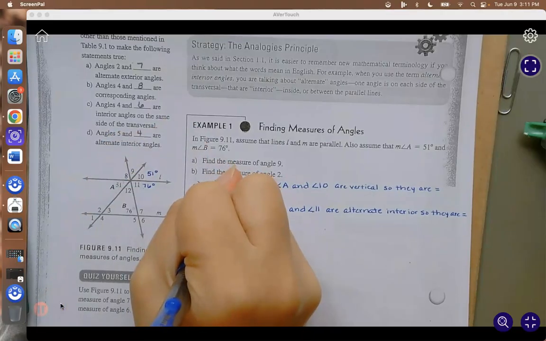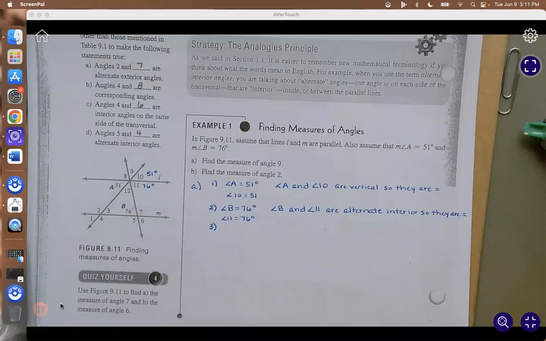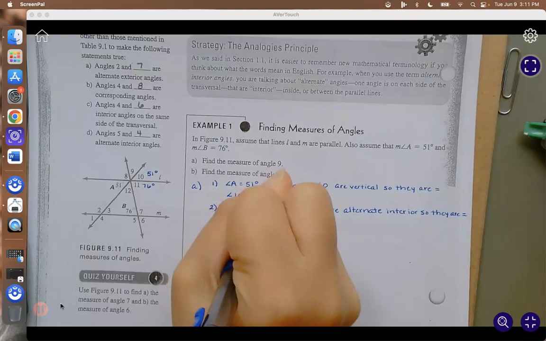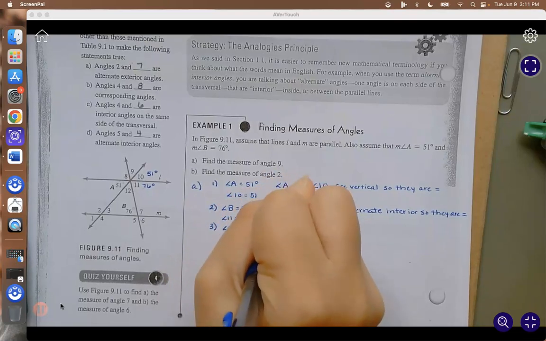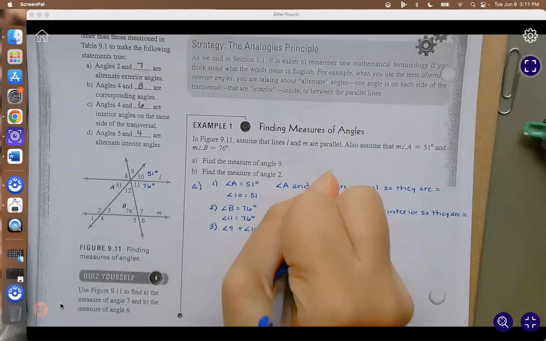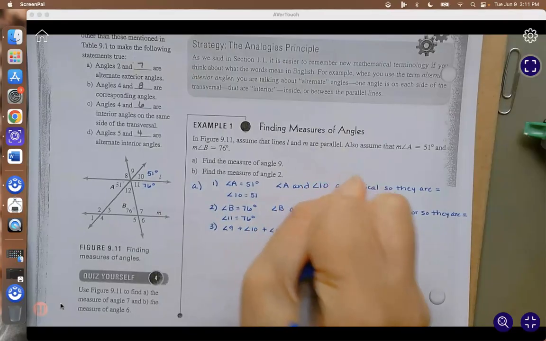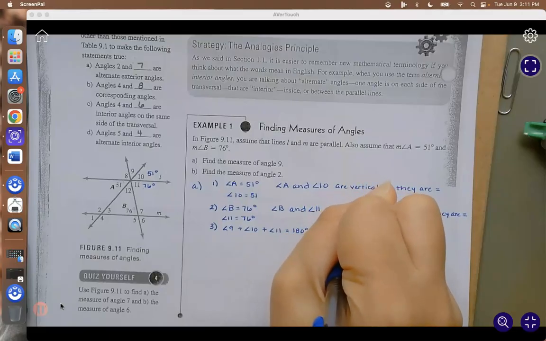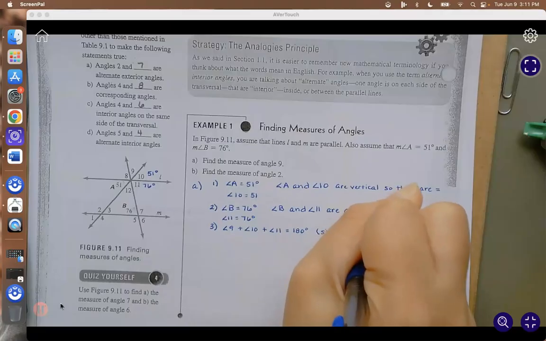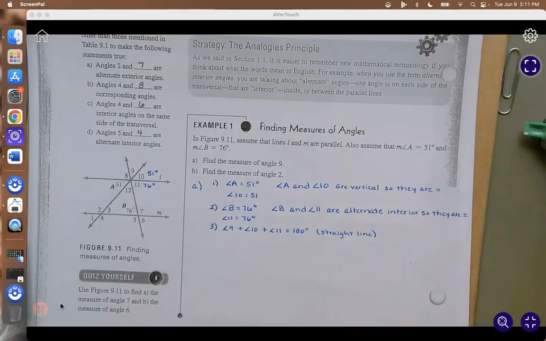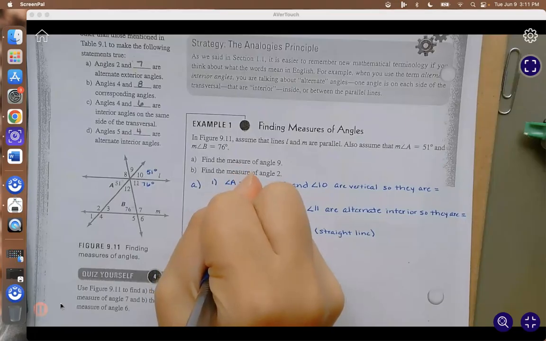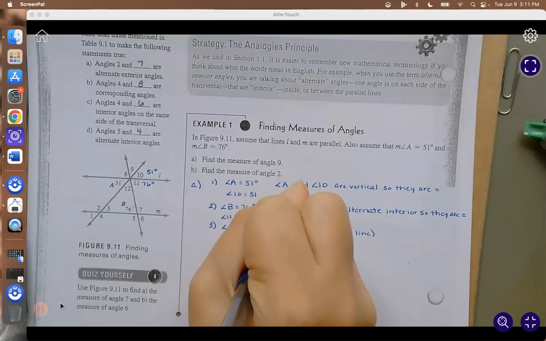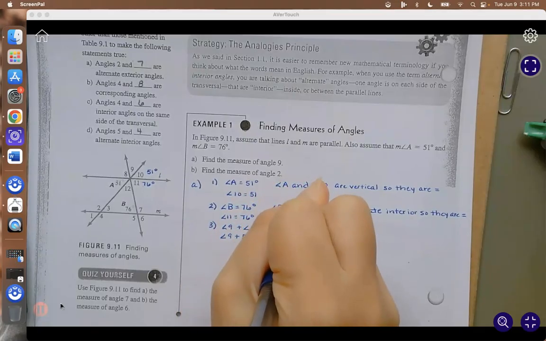Now, step 3, and it's little puzzle pieces, okay? Angle 9 plus angle 10 plus angle 11 equal 180, and I'm going to put in parentheses here, straight line. So we're going to say angle 9 plus 51 plus 76 equals 180.